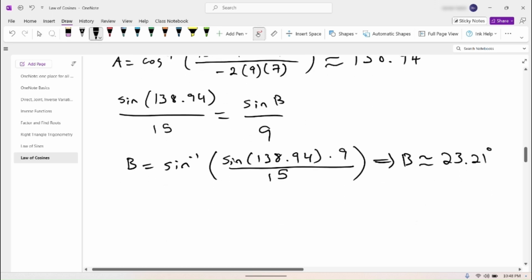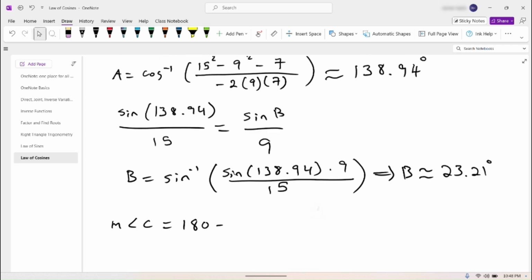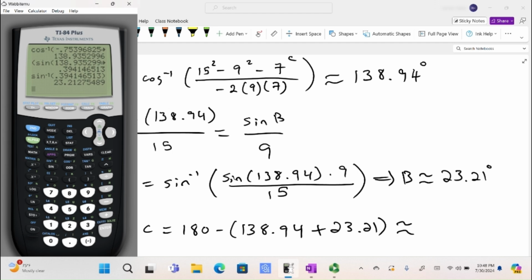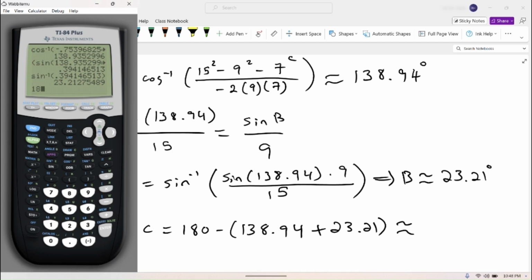All right, so lastly, we need to solve for angle C. So measure angle C equals 180 minus, A was 138.94. Let's make sure. Yes, 138.94 plus 23.21. So this is an approximation now, and let's see what we get. 180 minus, it doesn't matter.